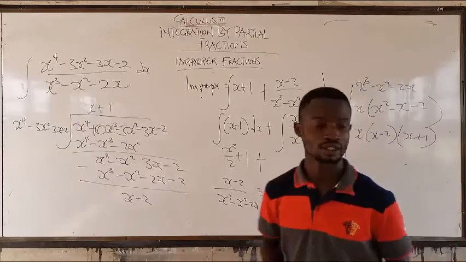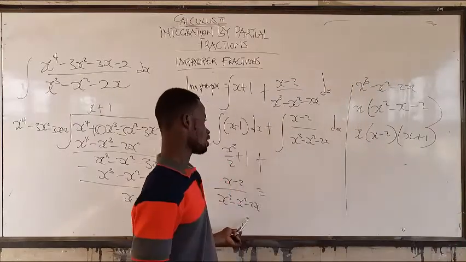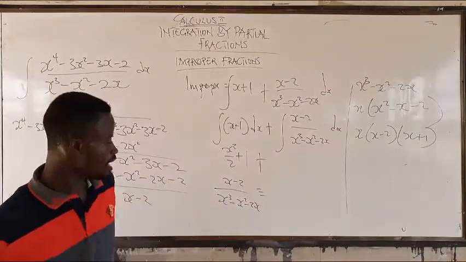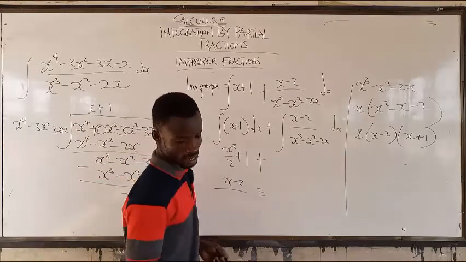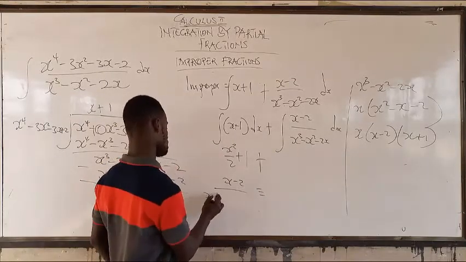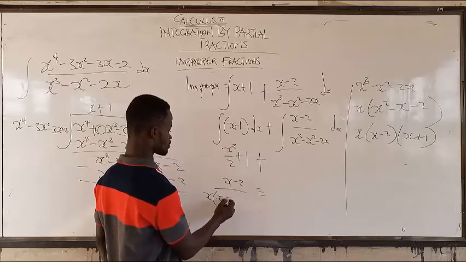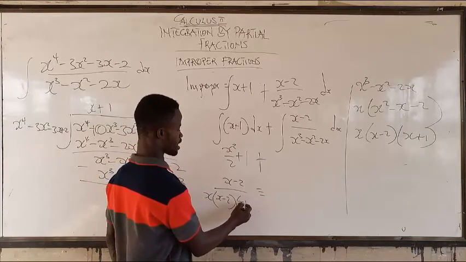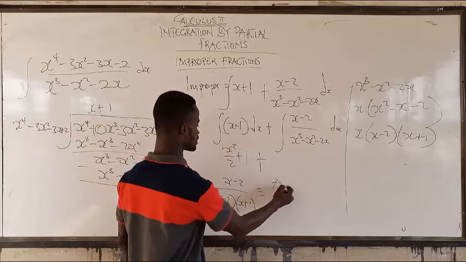So what we have here is the same as s(s minus 2)(s plus 1). So this is linear.